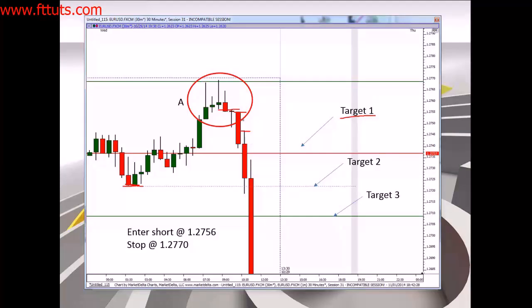Now, I could also take out a little bit of my position if I had several lots, trading more than one lot. Take some profit out, and leave some to run and bring the stop for it. There are a number of different strategies, and we will talk a little bit more about strategy in our next lesson.